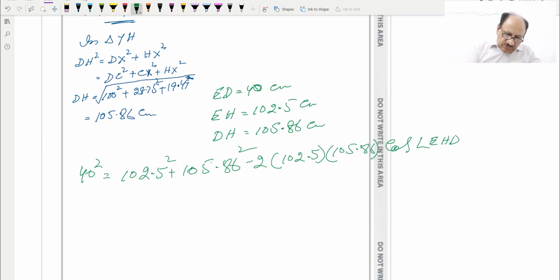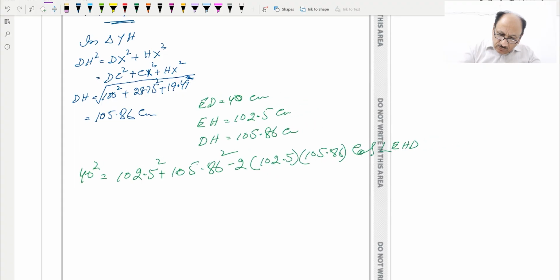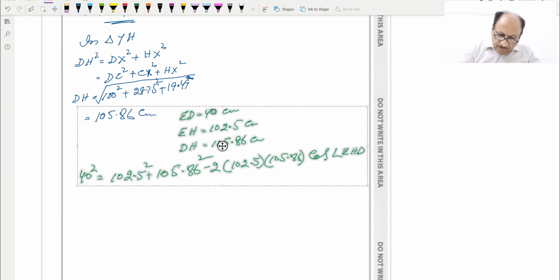I'm applying the cosine rule, hopefully you are understanding. Cosine rule we have applied, and now we can simplify this.